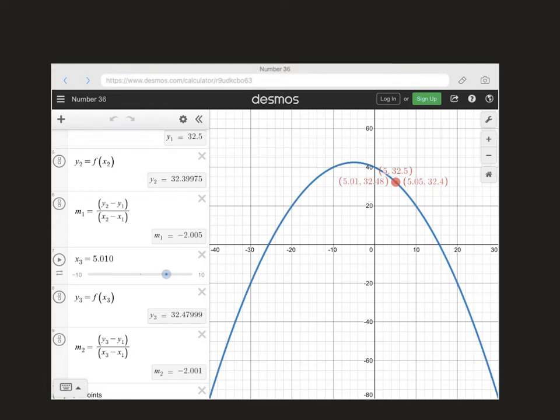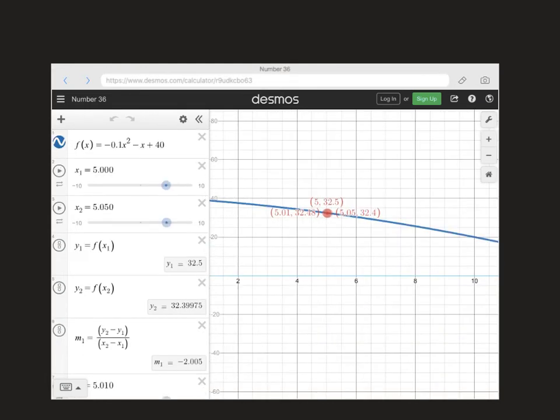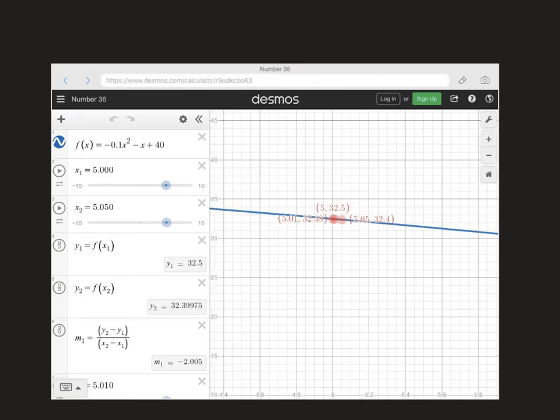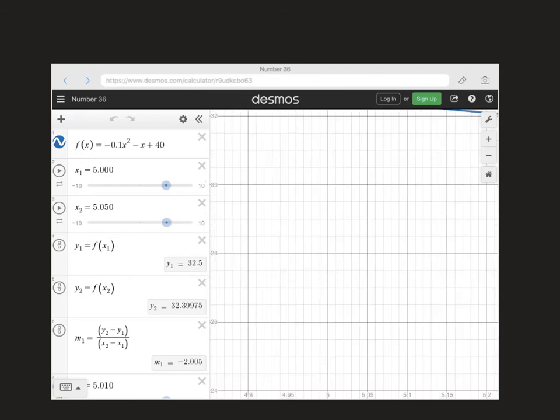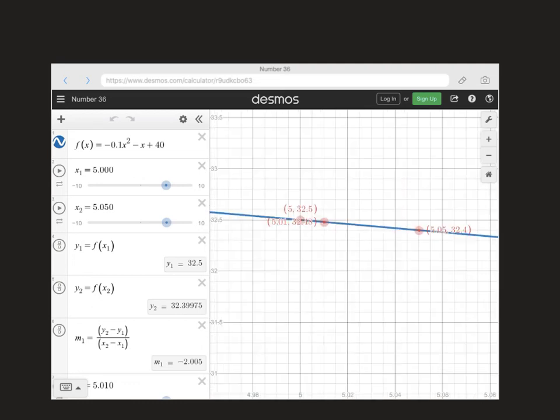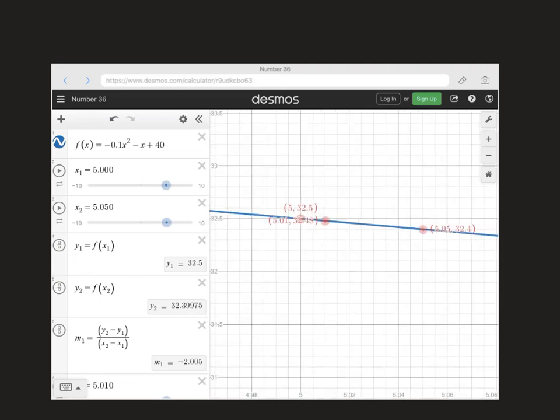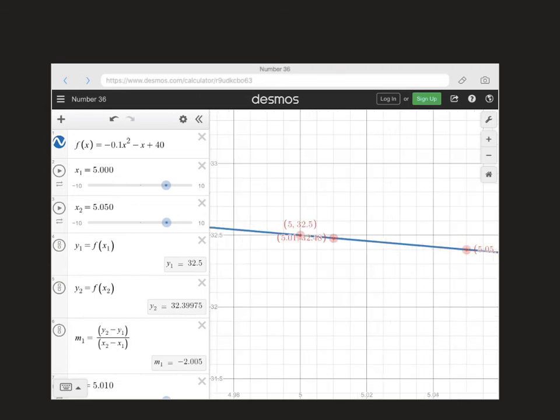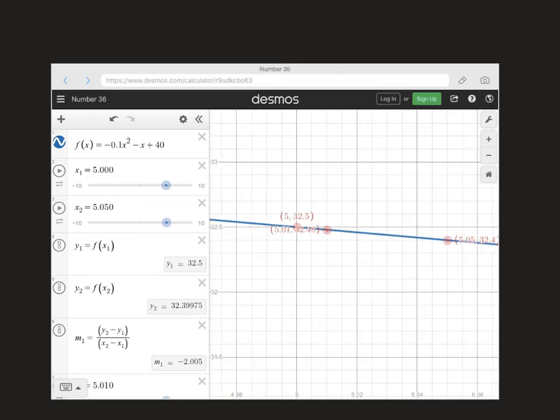Now let me show you something over here so you can see what it is that we're actually calculating. If I zoom in on these values, basically what we're doing is connecting these dots. Here's the x equals 5 value, that's this guy right here.